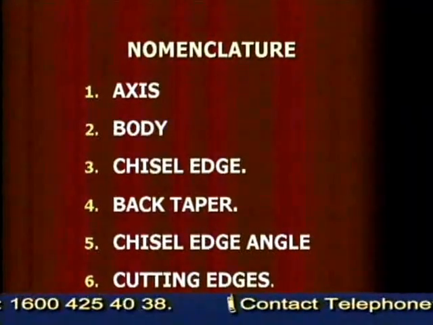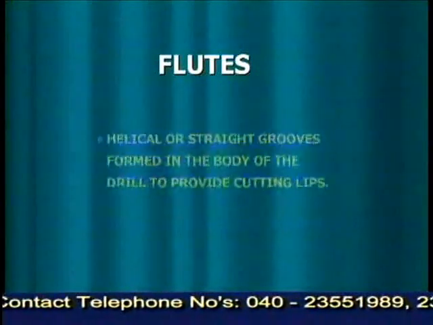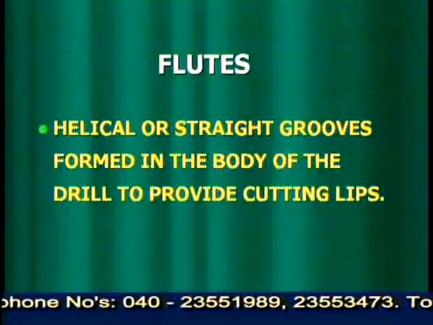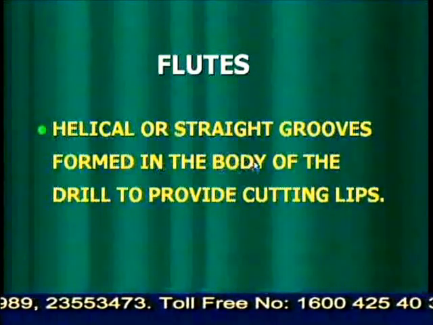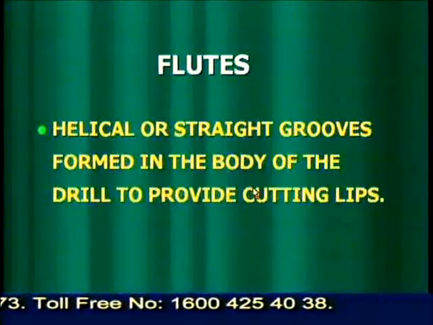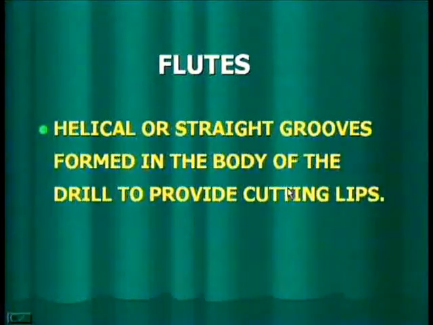And we have seen what a flute is here: helical or straight grooves formed in the body of the drill to provide cutting lips. So the machining operation is initiated with these cutting lips.